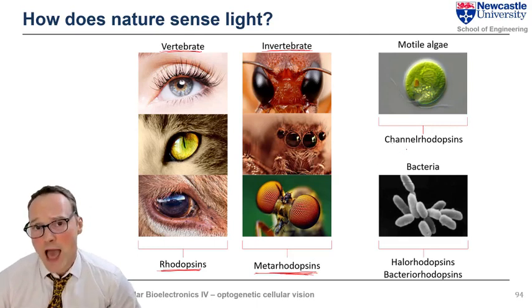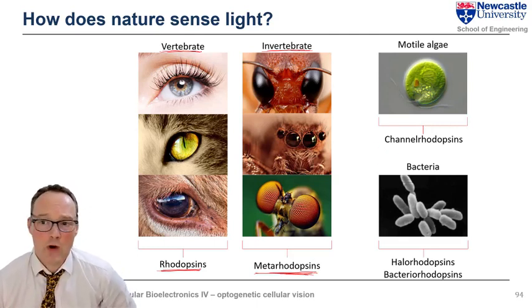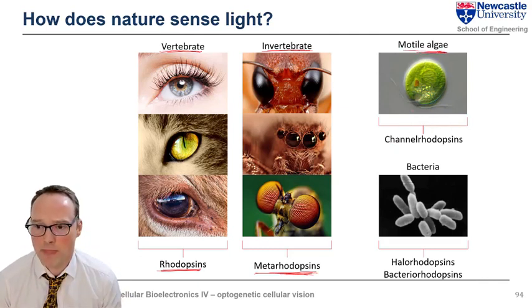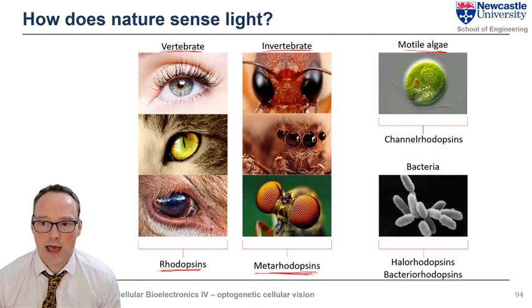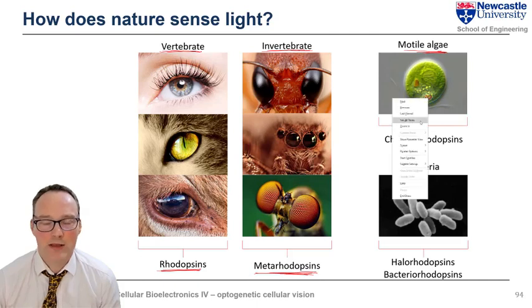But outside the animal kingdom, you also have vision. There are single-cell algae that have something called channelrhodopsins. And these are literally individual molecular eyes on a single-celled organism.